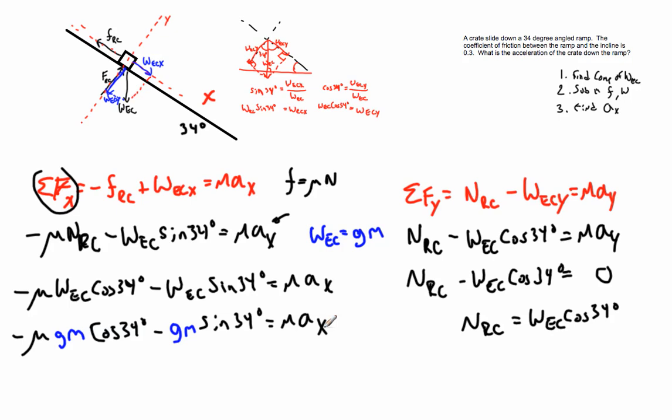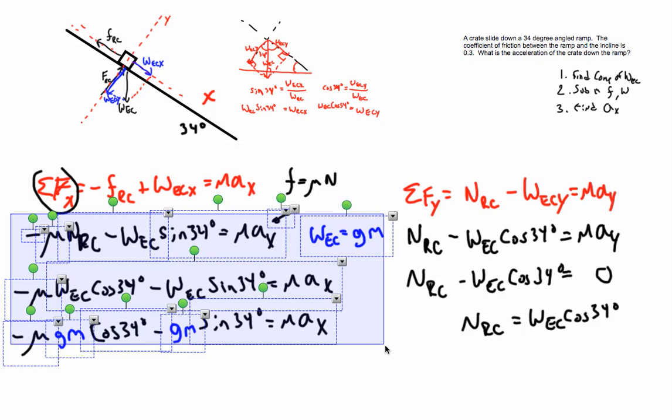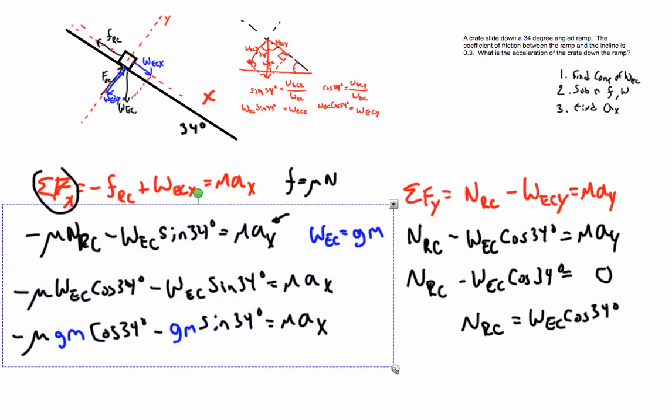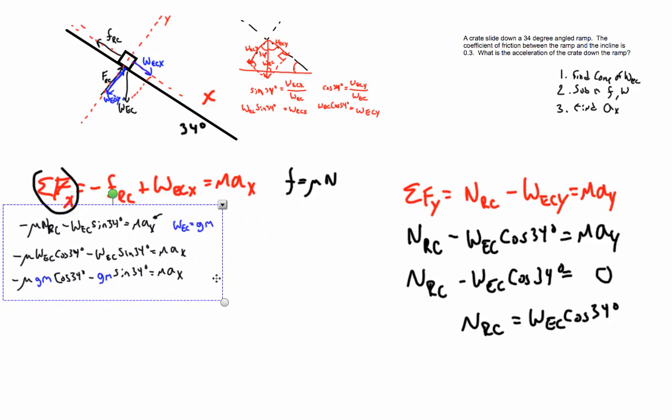Now, if you're super clever with math, you'll notice that M is in this term, M is in this term, and M is in this term. So dividing the whole thing through by M should eliminate M as a factor. I'm going to take all of this and reduce it, give myself a little bit more room to work now.